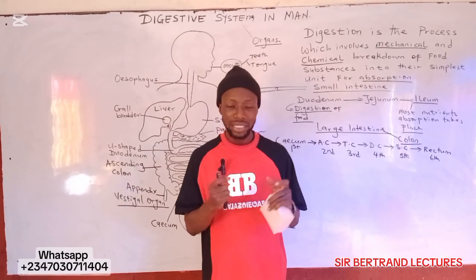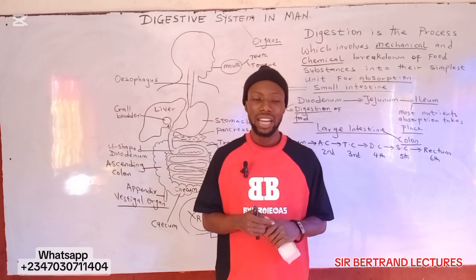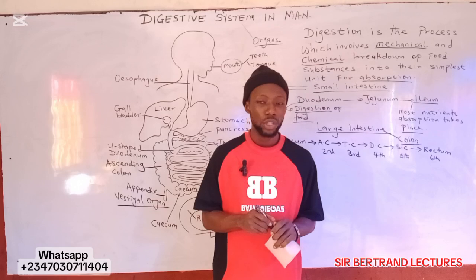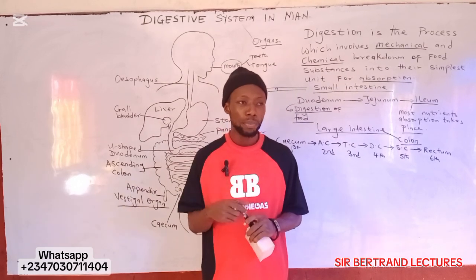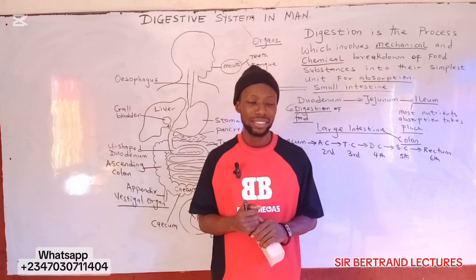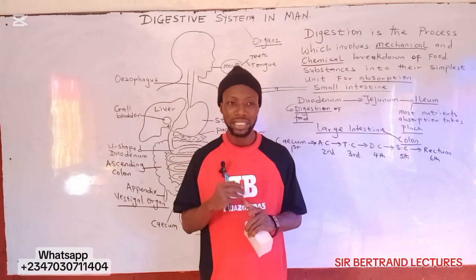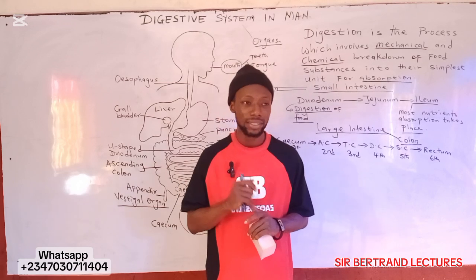The gland that produces them is known as the salivary gland, and we have three salivary glands in the mouth, which are the parotid gland, submandibular gland, and sublingual gland. The largest among these three is the parotid gland. Take note of that for your exam.